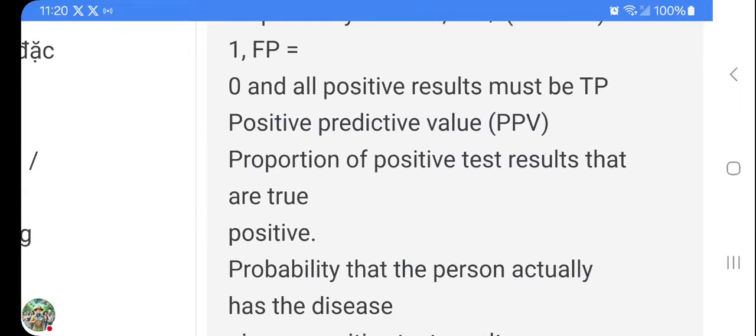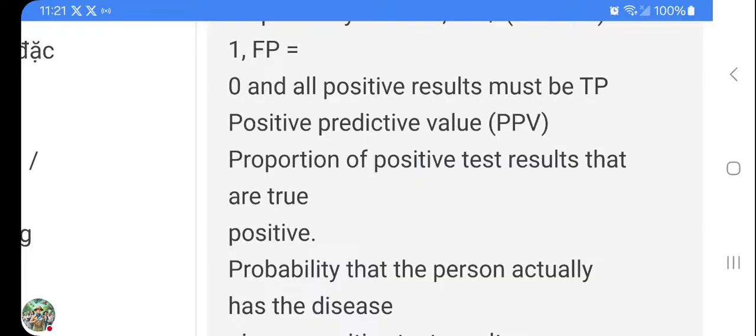Just from the formula, specificity again is equal to 1 minus the false positive rate, and the false positive rate is the false positives over the number of healthy people. So if 100% stands for 1, then 1 equals 1 minus 0, so 0 stands for false positive equals 0.